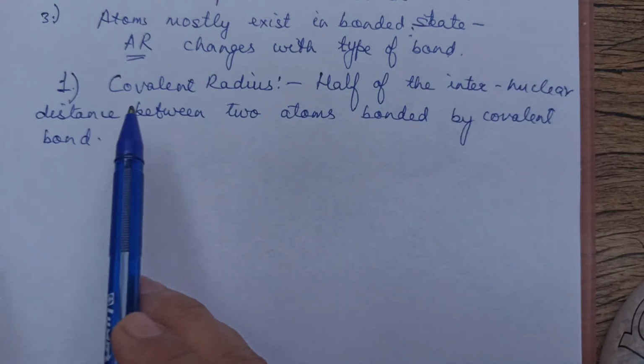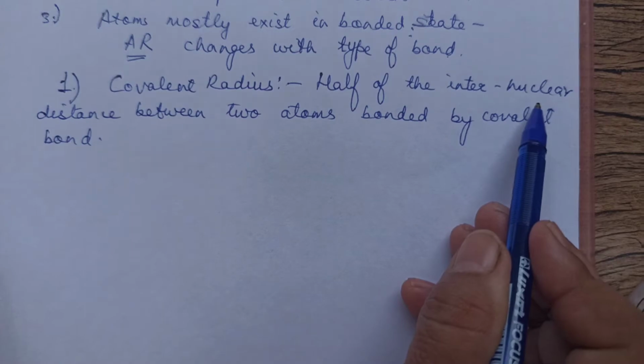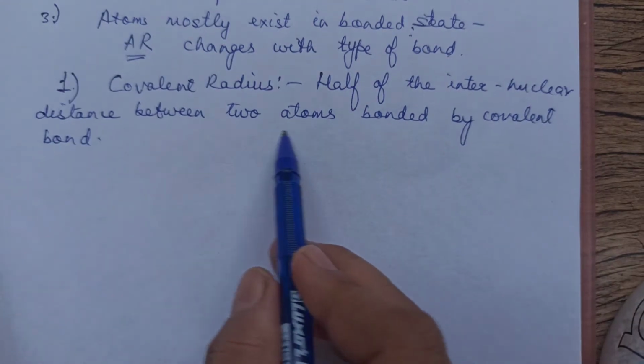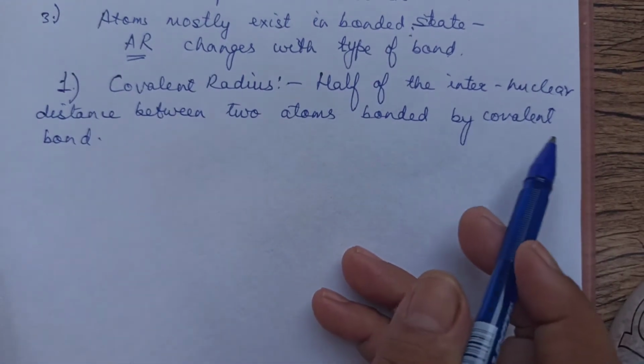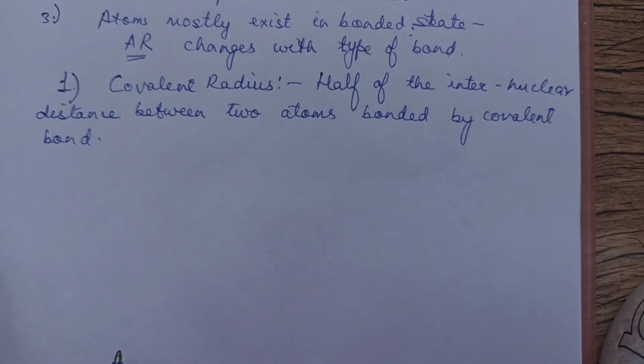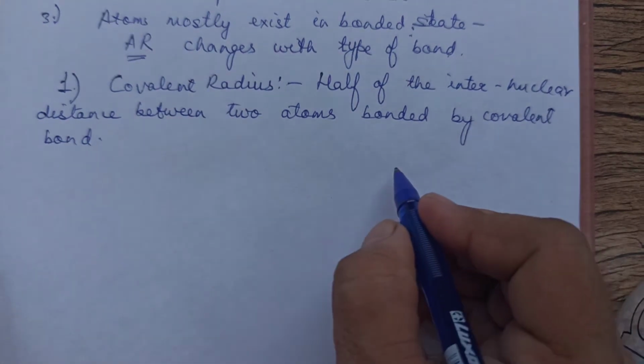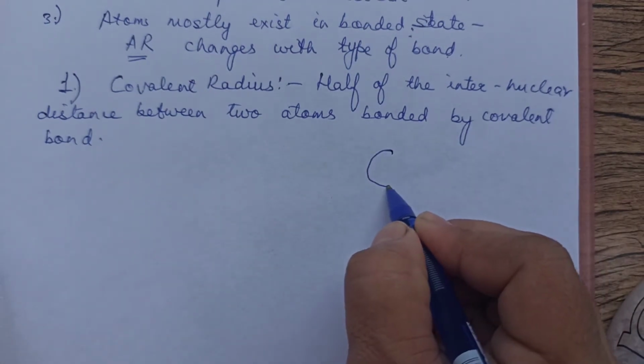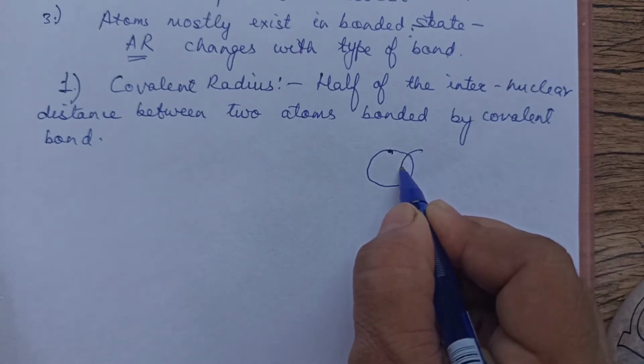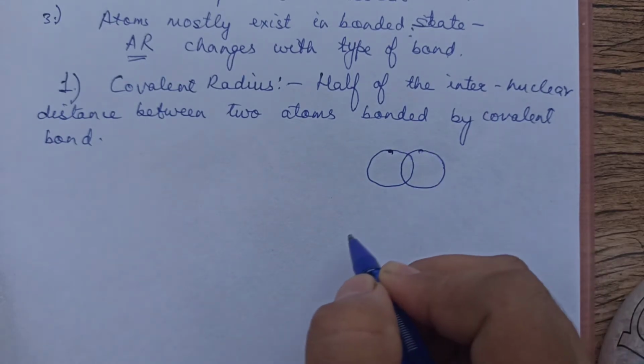The definition is half of the internuclear distance between two atoms bonded by a covalent bond. We know how the covalent bond is formed: it is formed by sharing of electrons, or, in chemical bonding, you will further study that it is formed by overlapping of the atomic orbitals.